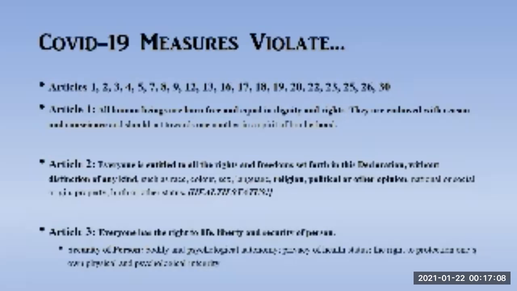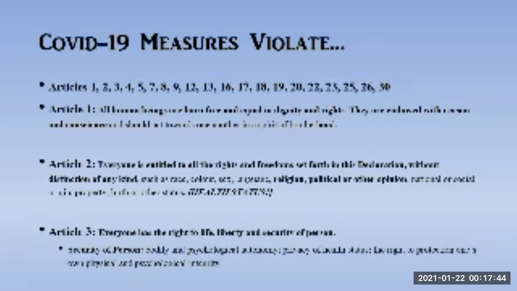One is a statement of the nature of reality, and the second is basically saying that if you have a free, just, and peaceful society, then everybody is entitled to the rights and freedoms set forth in this declaration without distinction of any kind, which is reiterating what Article 1 says, because we are born equal in rights, right? So rights are entitlements to do or not to do something, to be or not to be somewhere.